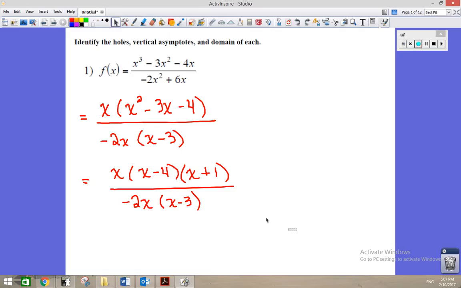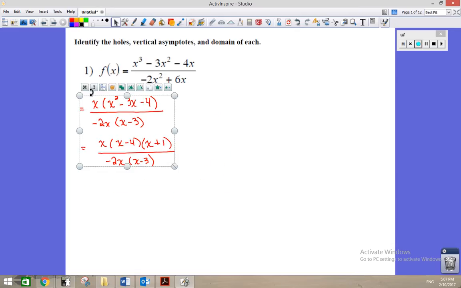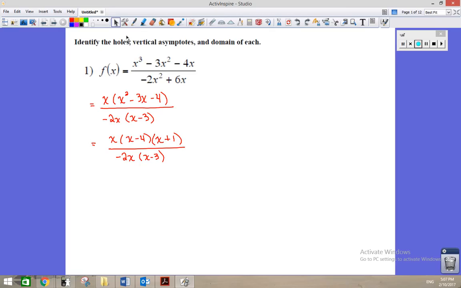The domain of this function is all real numbers, excluding any values that cause division by 0. So the domain of this function f is all real numbers. It's the set of x such that x is a real number. X cannot be 0 because 0 times anything would give me 0.